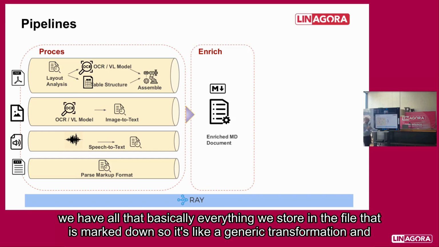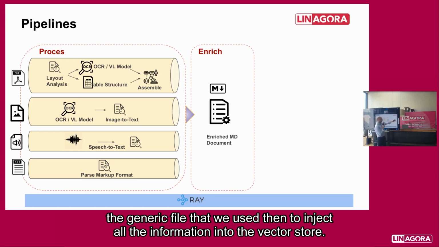And once we have all that, basically everything we store in the file is markdown. So it's like a generic transformation and the generic file that we then use to inject all the information into the vector store.